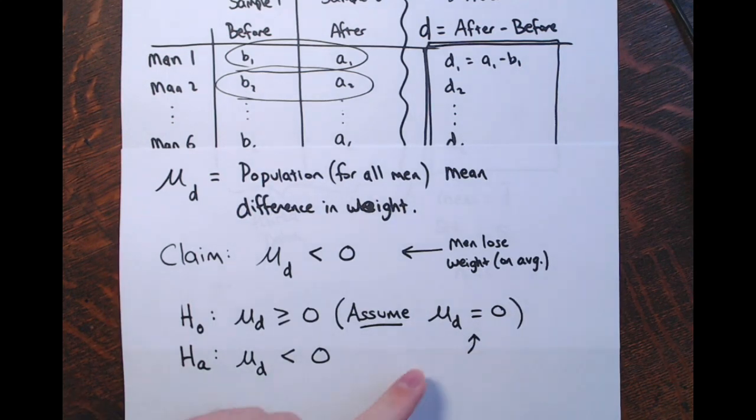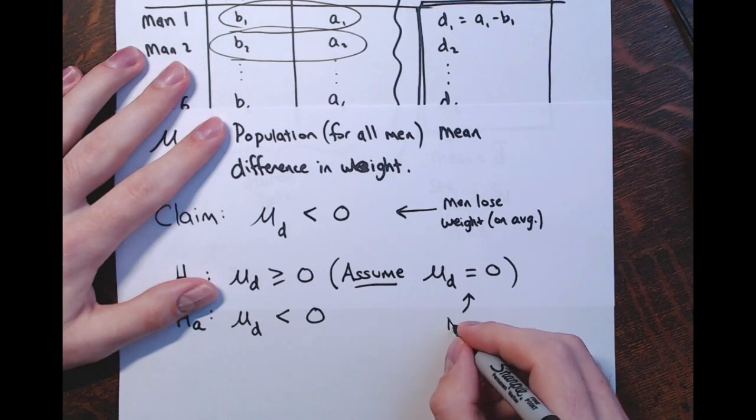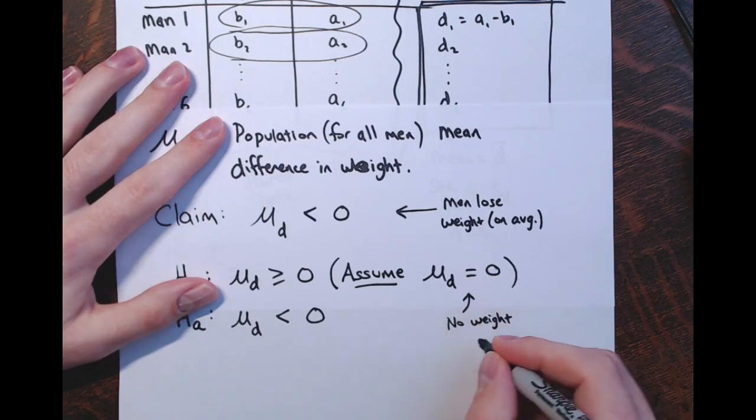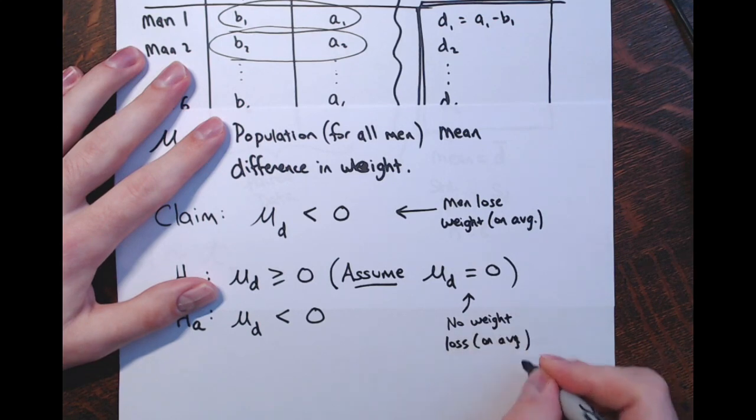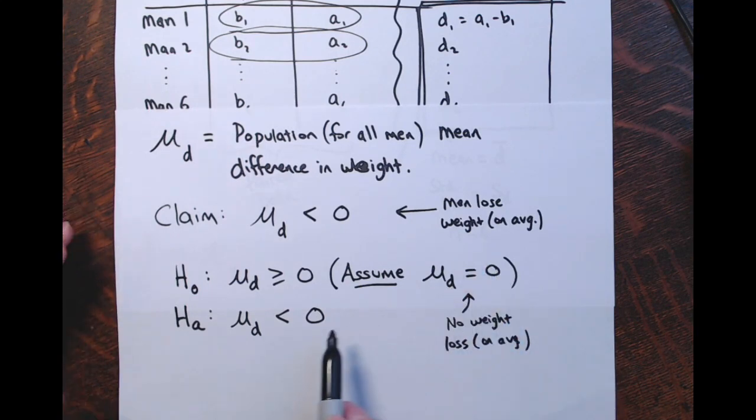And if mu d equals 0, if the average difference in weight for all men is equal to 0, that means this supplement didn't have any effect at all. No weight loss on average is what this statement is, using this supplement. So you'd be assuming this, testing this.